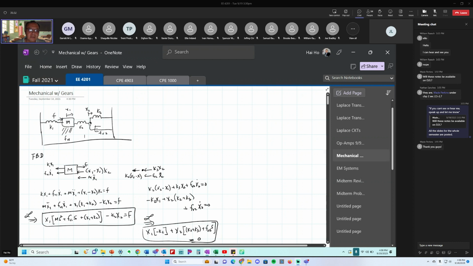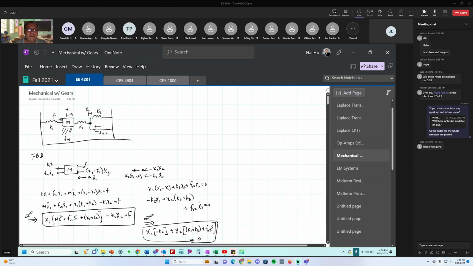So let's make the first assumption where x1 moves more than x2. That means that this spring is going to be compressed, and x1 minus x2 is going to be a positive number because x1 is bigger than x2. And if this spring is compressed, then the spring is going to try to push the mass back toward the left. And so that's why the force is toward the left, and the value is going to be x1 minus x2 times K2.